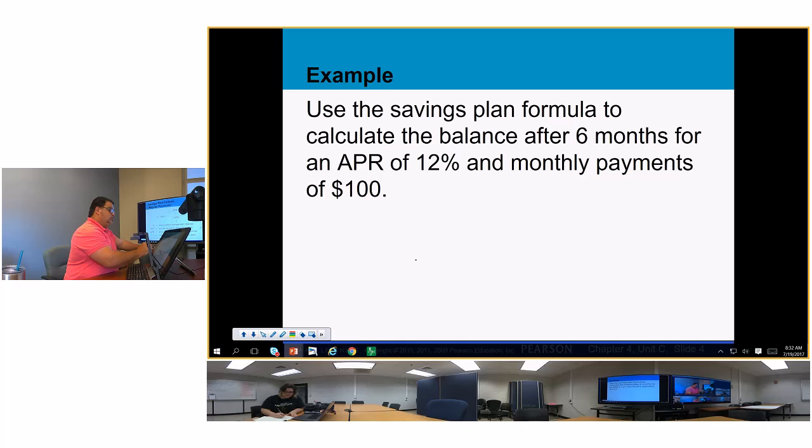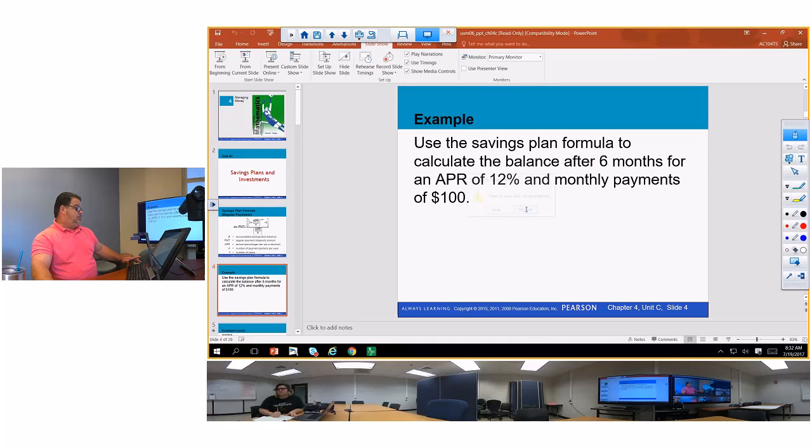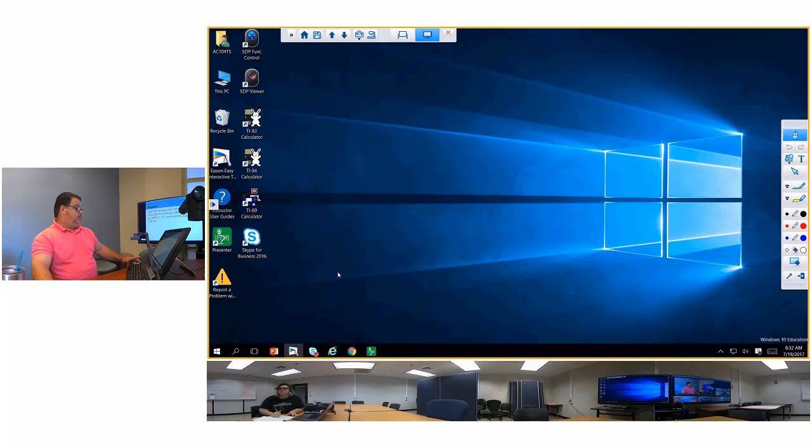So your payment equals $100. Now take your handy dandy formula and plug it in. I'm going to switch over to my handy dandy document cam.